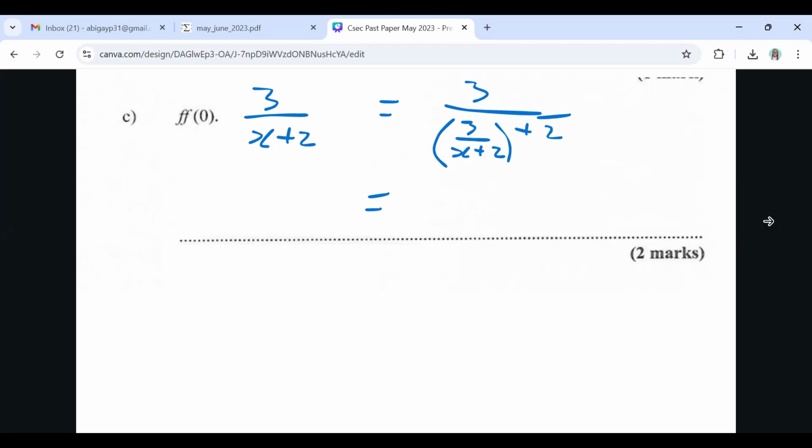So let us add the denominator first. We must find the LCM, and we know that the LCM will be x plus 2. We're going to put 3 right here, and then 2 is going to be multiplied by x plus 2, and all of that is going to be under 3.